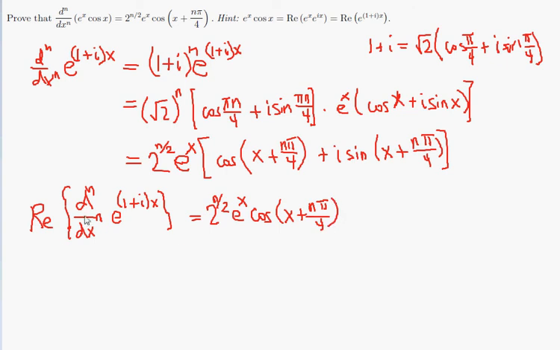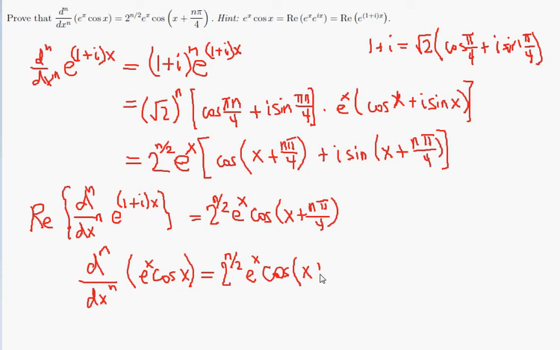And as we've established, the real part of this exponential function is simply e to the x times cosine of x. So that's equal to 2 to the n over 2 e to the x times cosine of x plus n pi over 4.